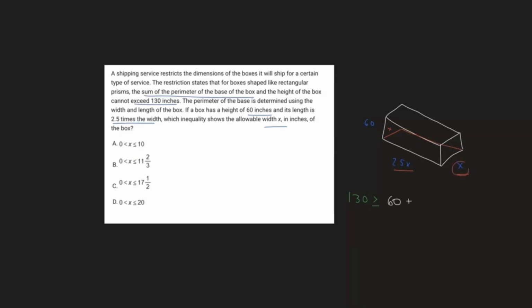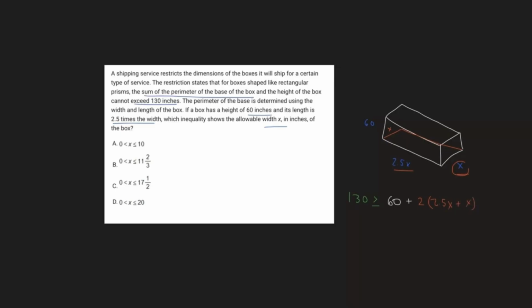So you have 2.5x on one side and 2.5x on the other side. And therefore, when we write our inequality to find the perimeter of that one side, we can just double the addition of both the length and the width. And so we can write this as 2 times 2.5x plus x.